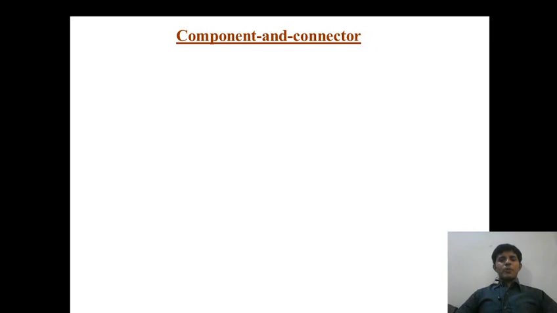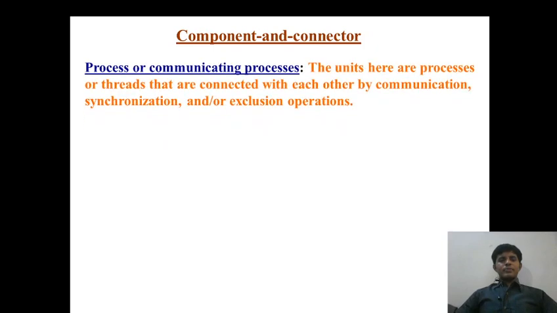Now, what do you mean by a component? A component is the module and a connector is the data flow or relation, whatever you are using in your project. First in component connector architecture, process or communicating between processes. Here, processes are nothing but programs or tasks, or simply a component. How is one component communicating with the other component?